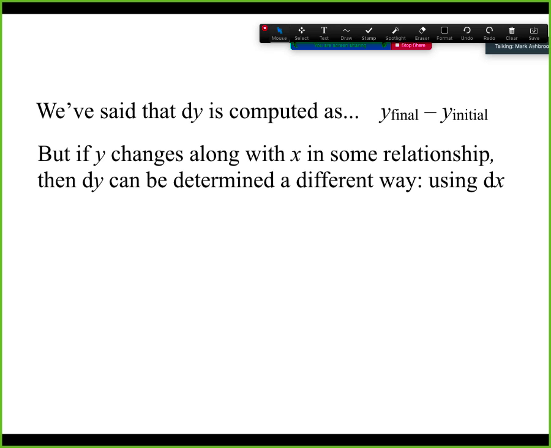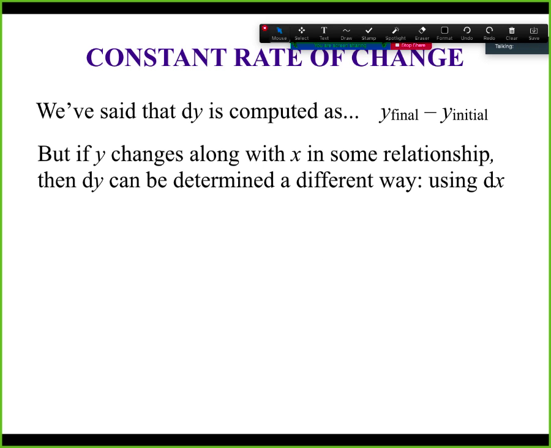Anybody? dy equals some proportional constant times dx. Okay, so dy is proportional to dx. All right, so this is the idea of constant rate of change, right? The change in y is proportional to the change in x. That's what constant rate of change is.